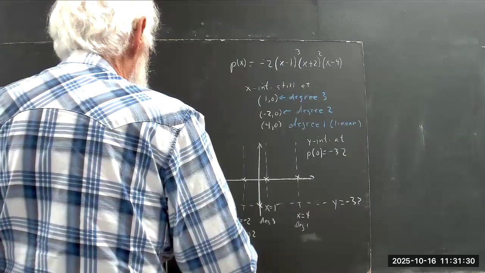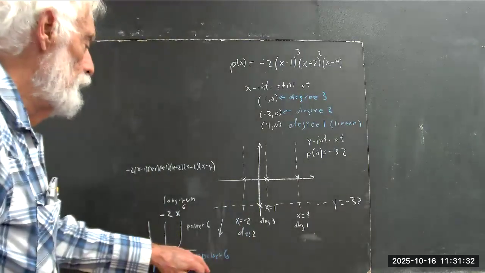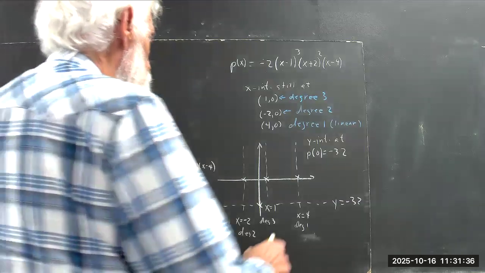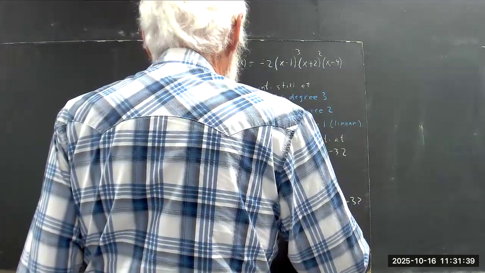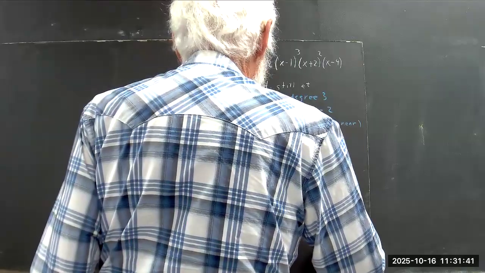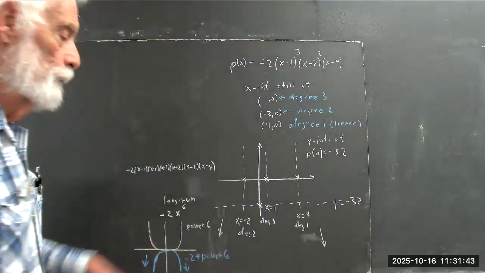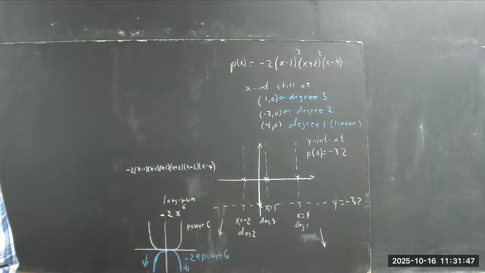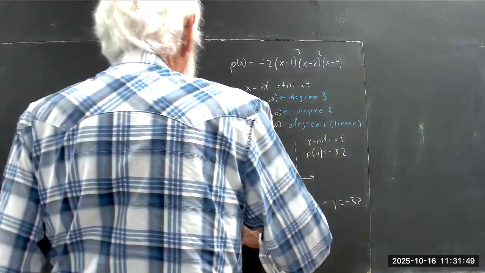And then we've got to start down here because this is what the negative power of 6 tells you. And it's going to be down here because that's what the negative multiple of a 6th power does. So you're going to come up from down here.